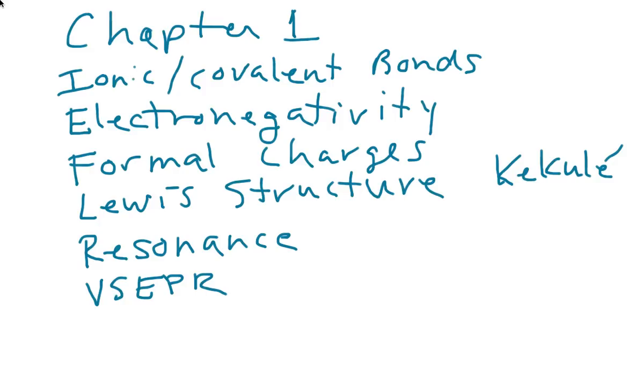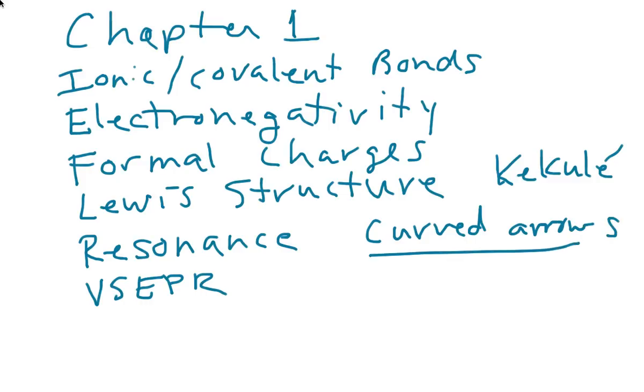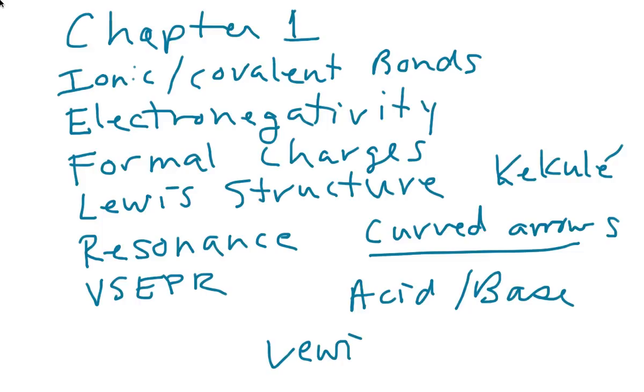We talked about representing reactions, so for example, using curved arrows to represent electrons flowing, and as we move on in the class, we'll be using this a lot more when we're actually talking about different reactions. And finally, Chapter 1 includes some discussions of acids and bases, and Lewis acids and bases.